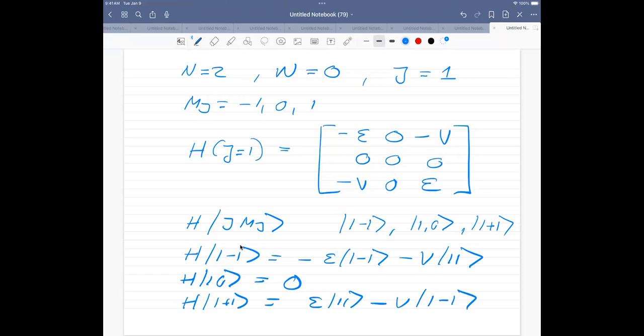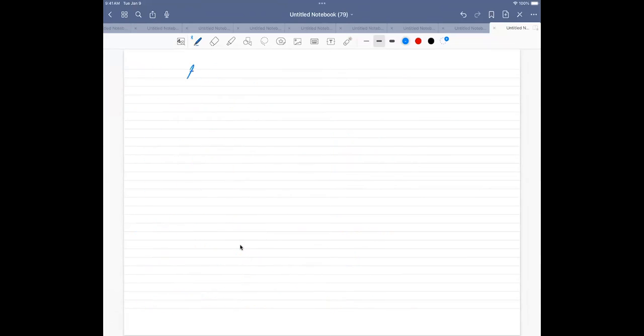That means I don't need three states. I could just take qubit 0 and qubit 1. This is the way we would analyze the problem, and I'm going to show you how simple it becomes. This is the last thing I will do now, and we will discuss it a little bit next time.